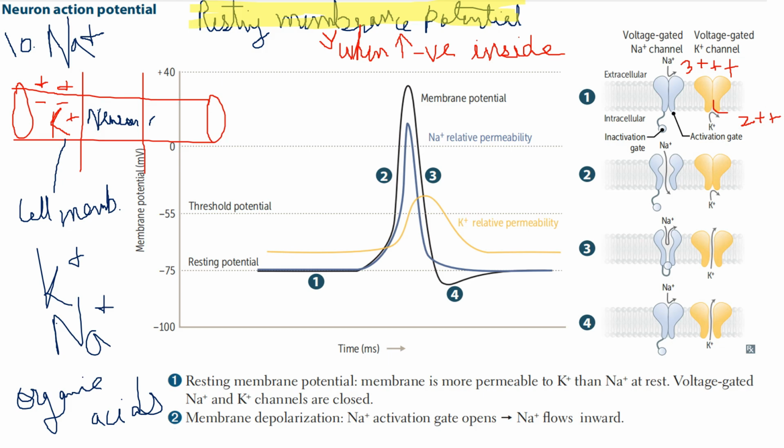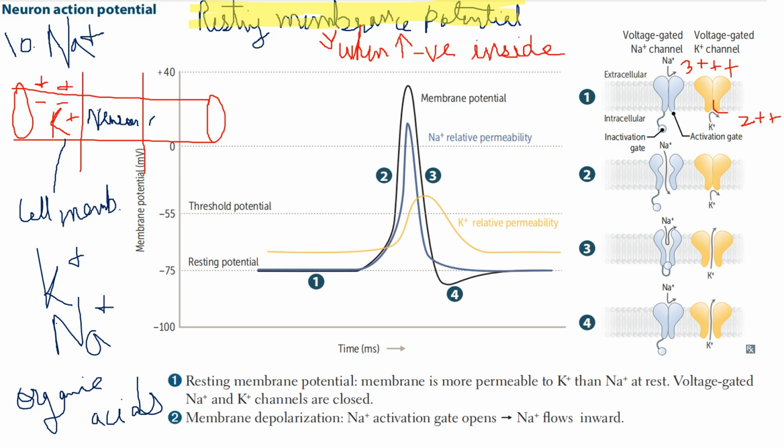You can guess yourself that if three are going out and inside we have two, which side is going to be more positive? Of course, outside. We will see more positive ions outside, and inside we will see fewer positive ions.